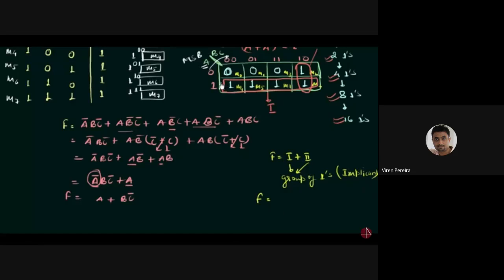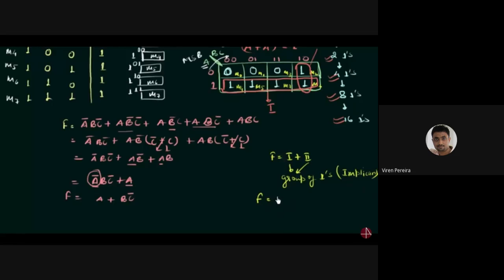Now listen very carefully, you have to see the group of the ones that we just made and find in that group what are the variables which are changing. So in this group I can see that A is 1, okay, it is not changing. A is 1 throughout, it is not changing from 1 to 0.